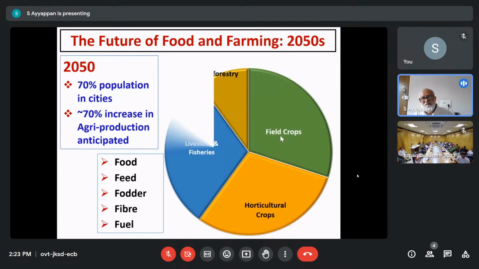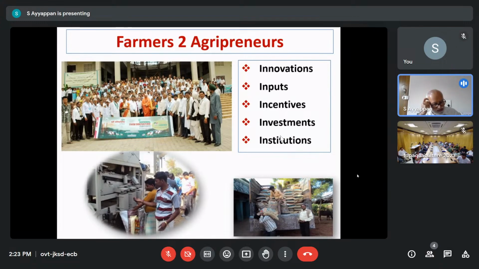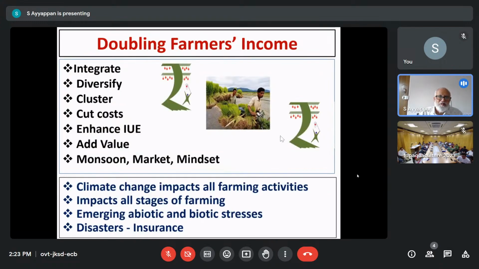So the future of food farming is not just the field crops or the horticulture, it's livestock, fisheries, agroforestry, all put together. At the same time, farmers want to be called by different names, so we coined a word, agripreneurs, like entrepreneurs. Now, at the same time, doubling farmers' income, you must be hearing about it since the year 2016.